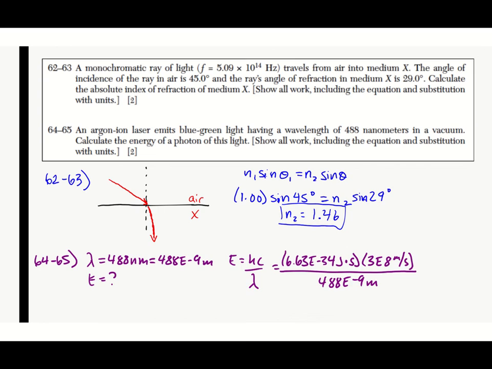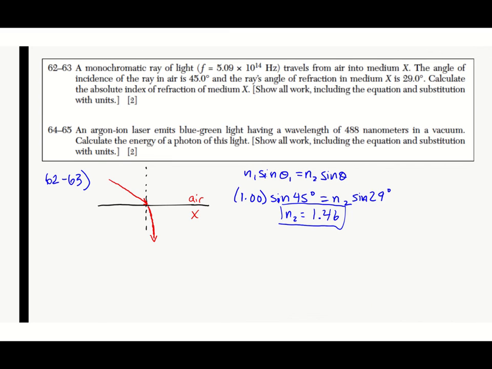At least they're given to you on the reference table. And so calculate, plug and chug, and you get your answer to equal 4.08 times 10 to the negative 19 joules. And that's your answer for number 64 to 65 for the full 2 points.